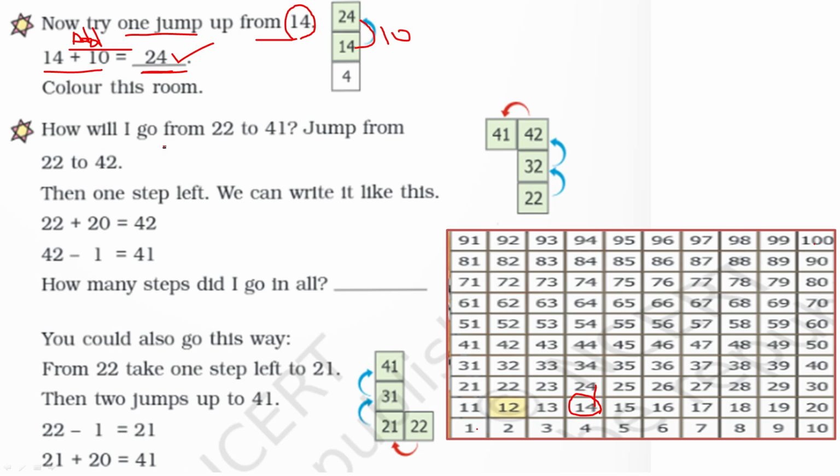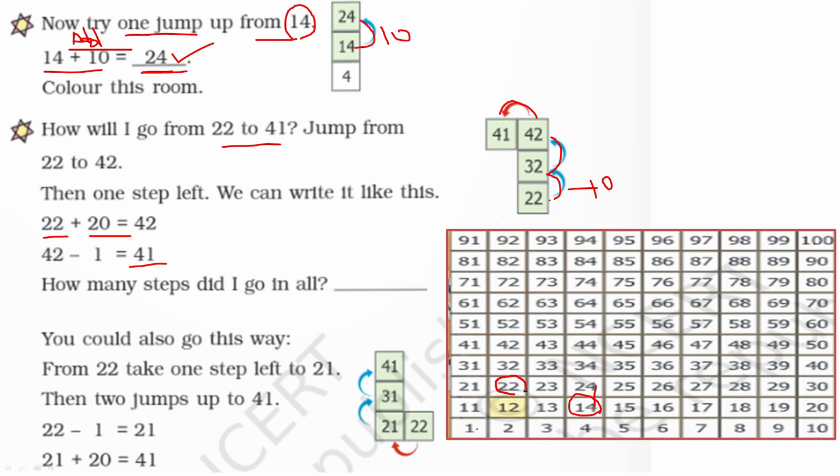How will I go from 22 to 41? First you go to 22, then adding 10, that is one step up. 22 plus 10 is 32, 32 plus 10 is 42, then one step left. So you will get the answer 41. How? 22 plus 2 steps up. Where is 22? Here you can find 22.